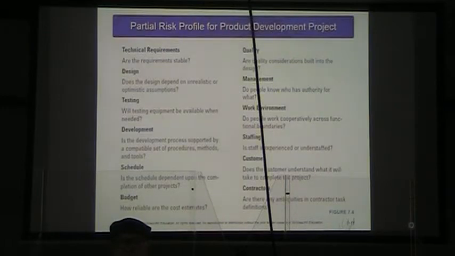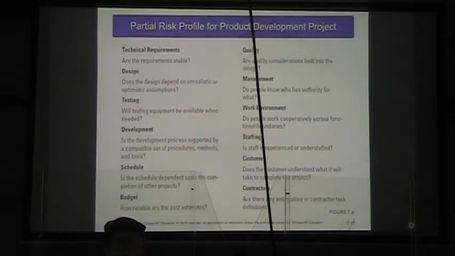Testing. Will the testing equipment be available when needed? You could even replace it with, will resources be available when needed, as an important idea. Development. Is the development process supported by a compatible set of procedures, methods, and tools?